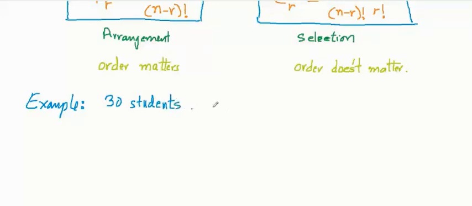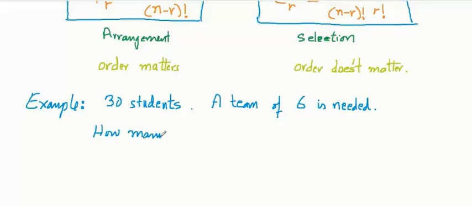A team of 6 is needed out of these 30 students. How many different teams are possible?